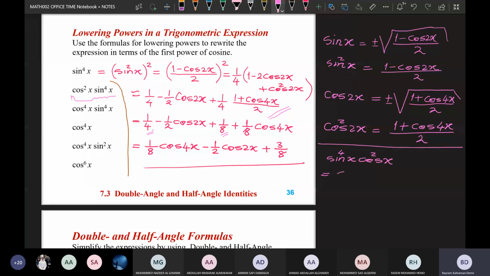Let's try to remember, this is sine square of x, sine square of x, and cosine square of x. Now, look at this part, Shabab. Do you remember? We have sine x, cosine x squared.